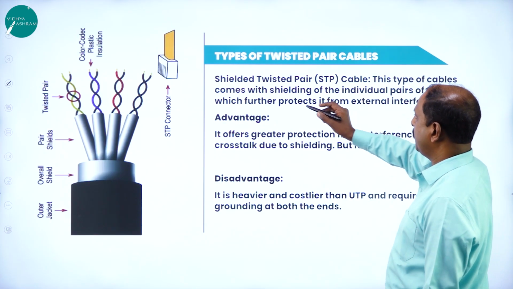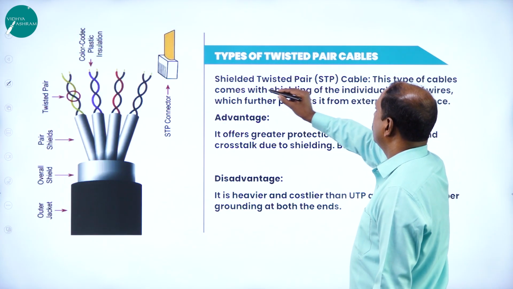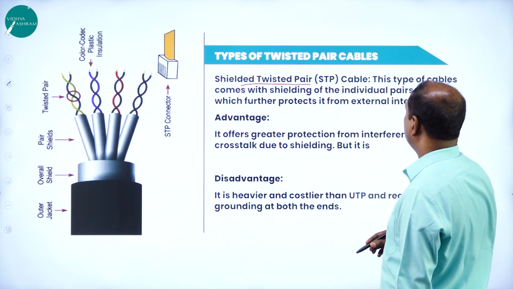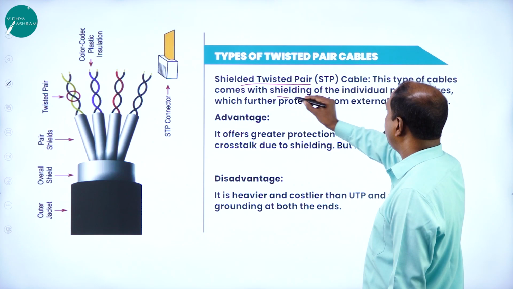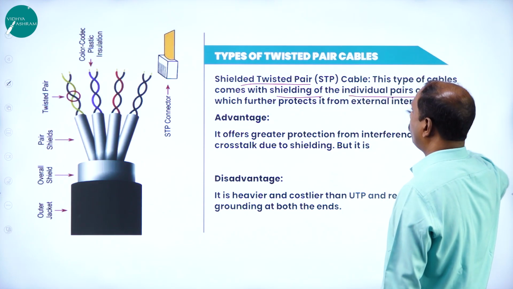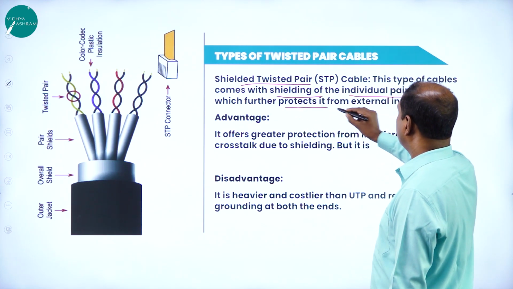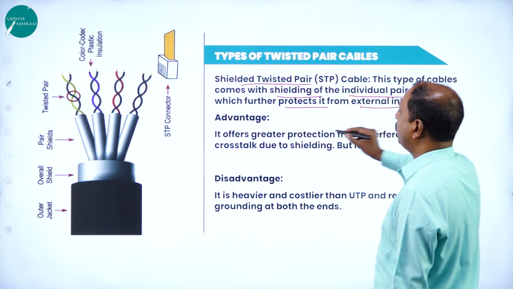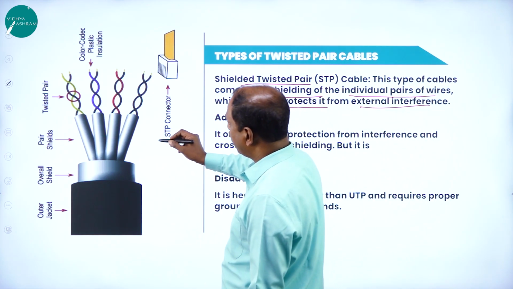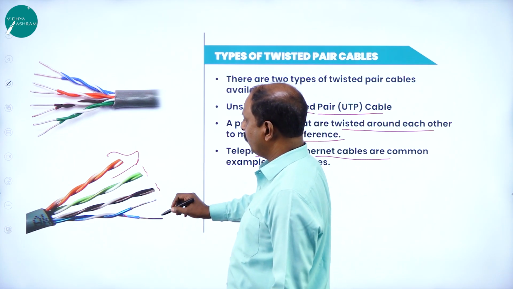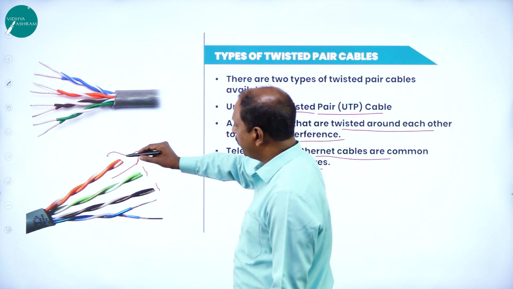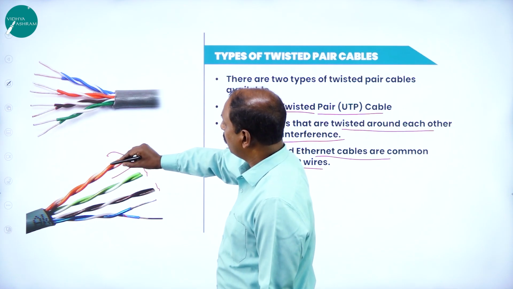Next one is STP cable, that is shielded twisted pair cable. It comes with shielding of individual pairs of wires, which further protects it from external interference. If you observe the previous diagram, this is unshielded. Only the paired cables are seen and they are not shielded.